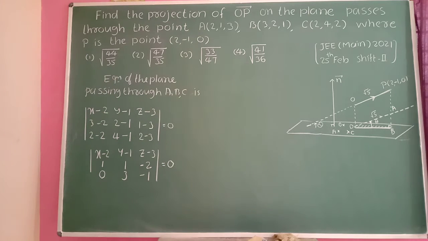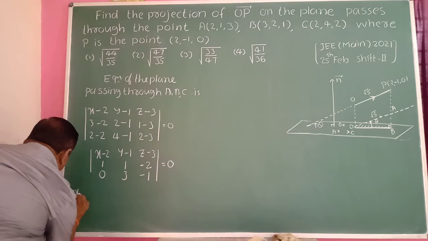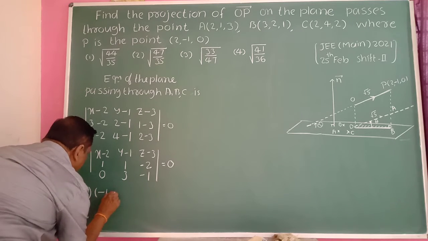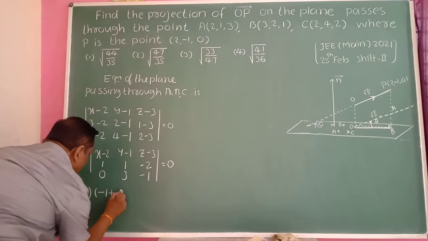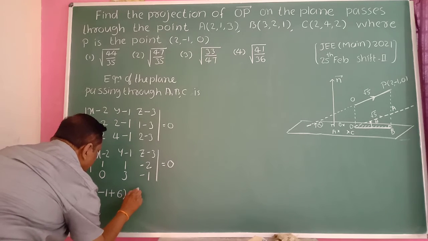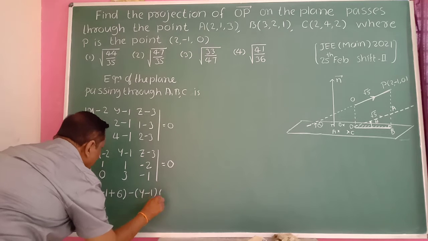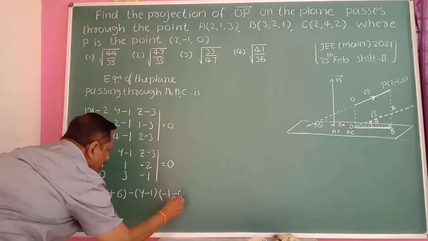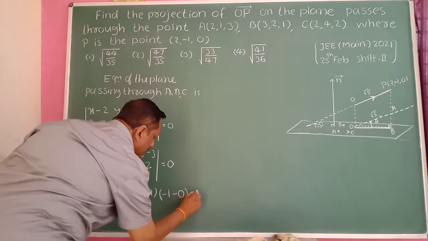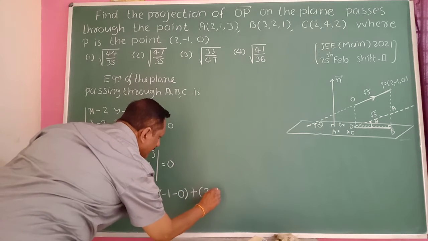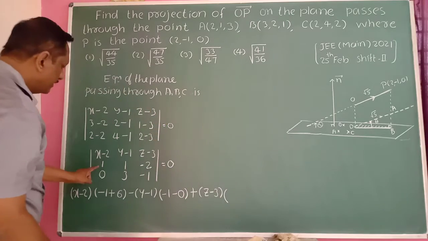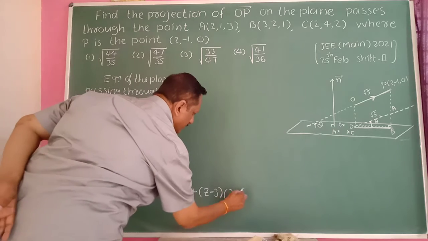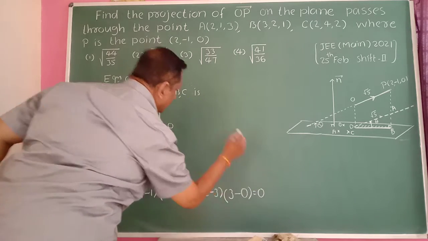Then expand the determinant. So x minus 2 into 1 into minus 1 is minus 1, minus 3 twos are 6, minus minus becomes plus 6, that is 5. Minus (y minus 1) into minus 1 minus 0 into minus 2, which becomes plus (y minus 1). Then plus (z minus 3) into 1 into 3 becomes 3, minus 0 into 1 becomes 0, equal to 0.